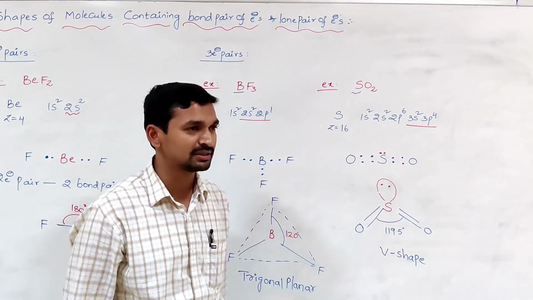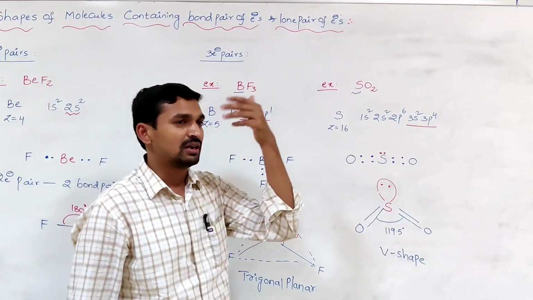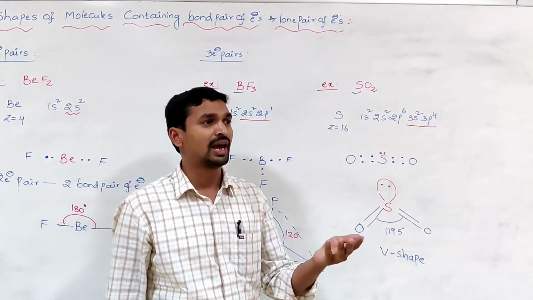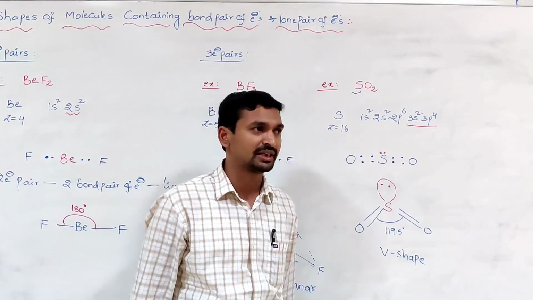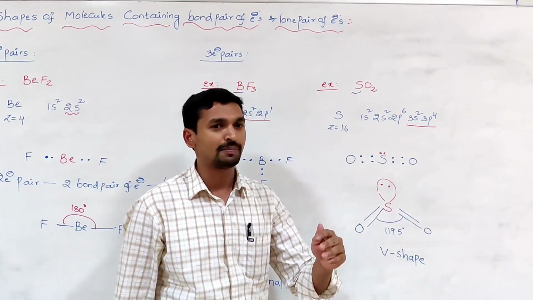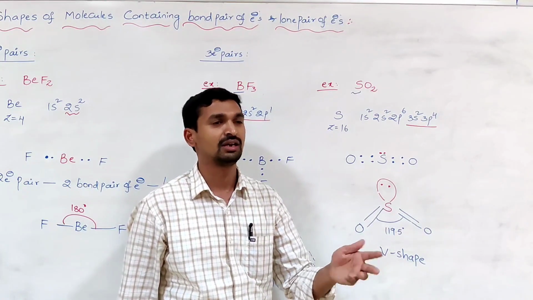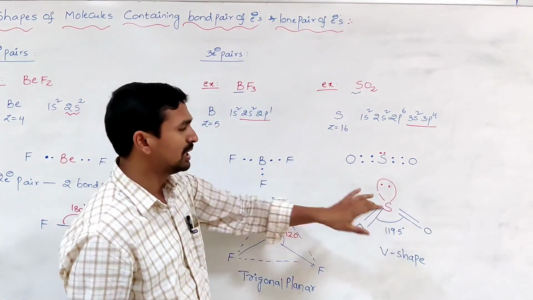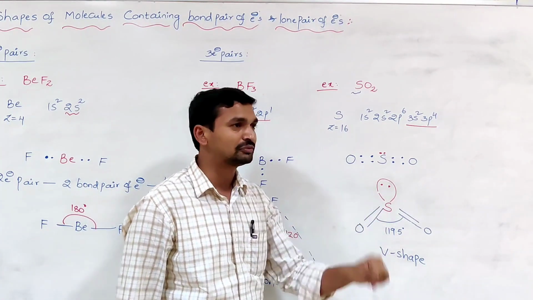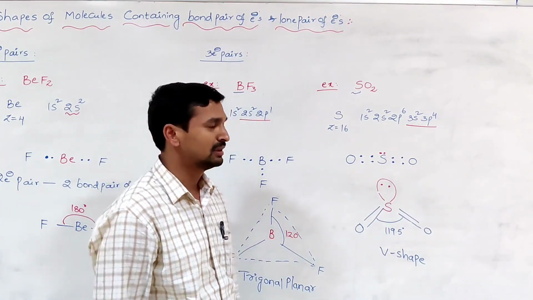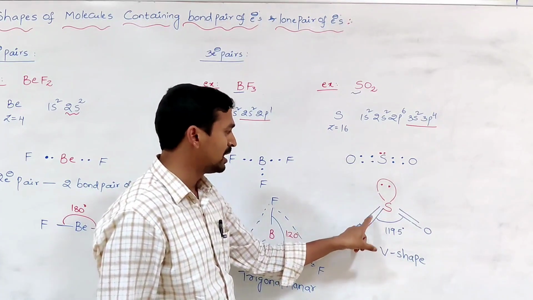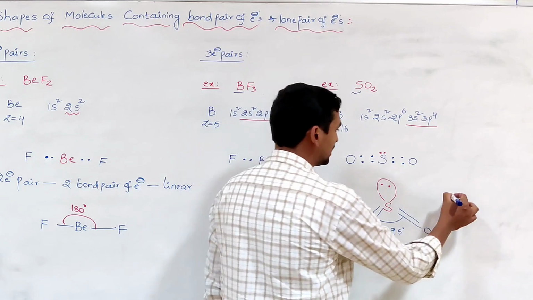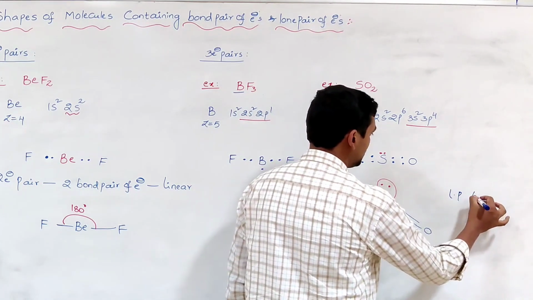The reason is, you know very well in the valence shell electron pair repulsion theory, there is one postulate related to the bond angle. As the number of repulsions increases, what happens to the bond angle? It decreases. In this molecule, two types of repulsions exist: lone pair bond pair repulsions and bond pair bond pair repulsions.